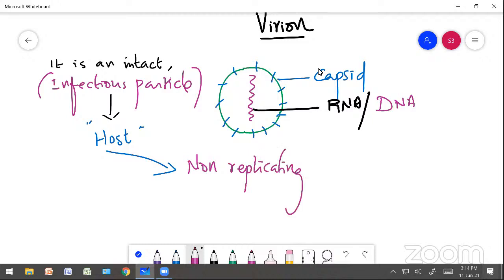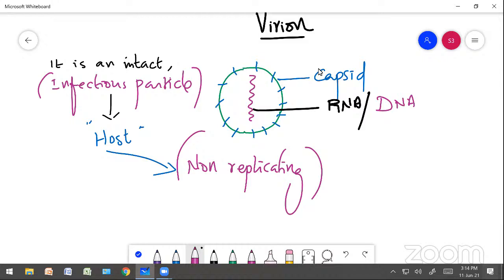What do you mean by a non-replicating virus particle? The virus will not replicate by itself. It is not produced by its own species when it comes out from the host cell. But it can replicate when it is found inside any other living host cell, whether plants or animals or human beings.